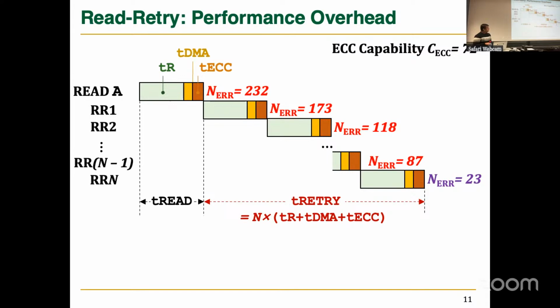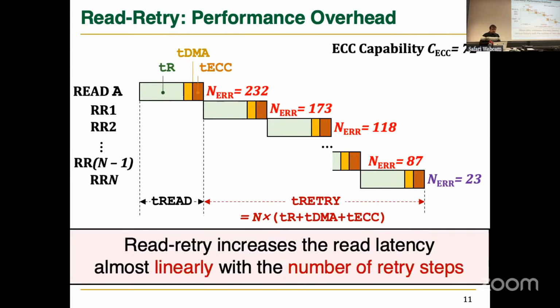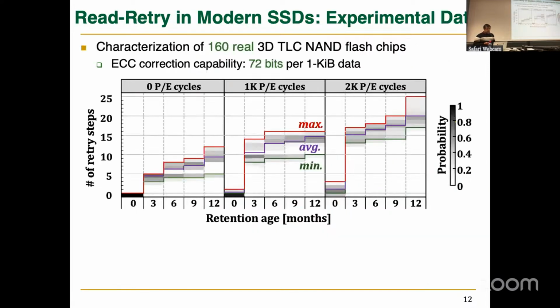So you perform this whole sequence of three steps multiple times, n times as we show here, and you get the data back without errors. Read-retry increases the overall read latency almost linearly with the number of retry steps.